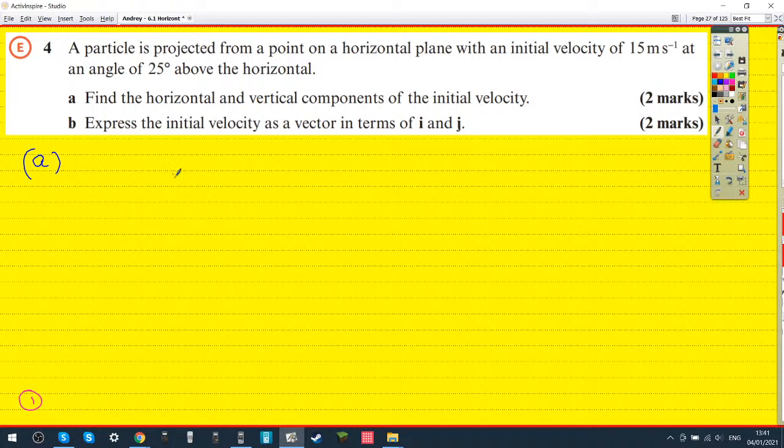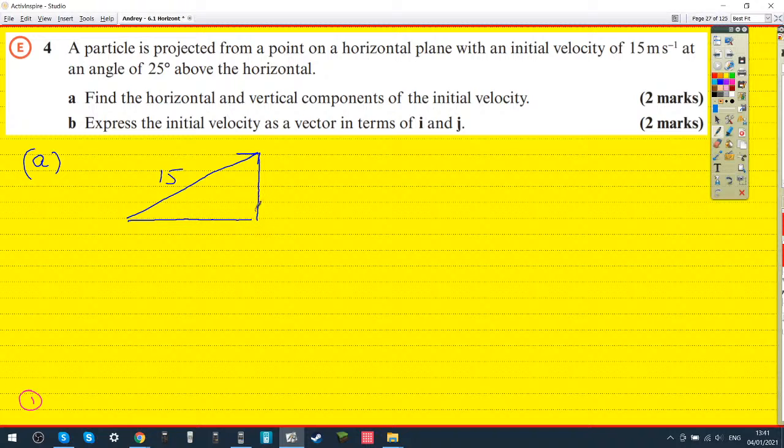If you like. So if we have like the i and j and stuff, and the initial velocity is like 15 m/s, at an angle of 25 degrees.